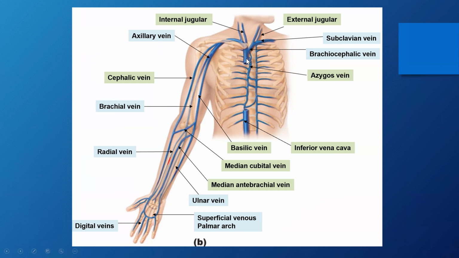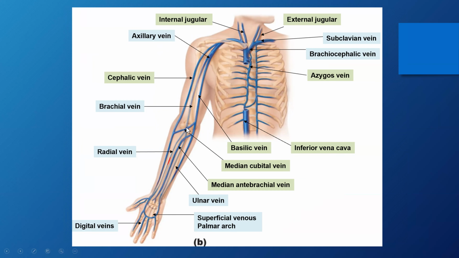and superior vena cava. But lots of veins of your upper limb are superficial, and this one on the lateral side is called cephalic, and this one on the medial side is basilic. So again, they are in green color, so they're superficial and they don't have arteries with corresponding veins.